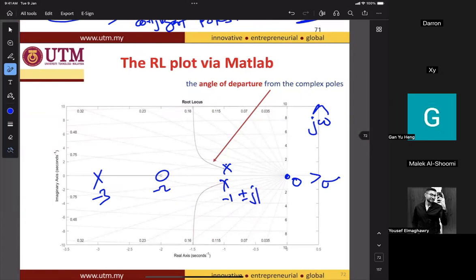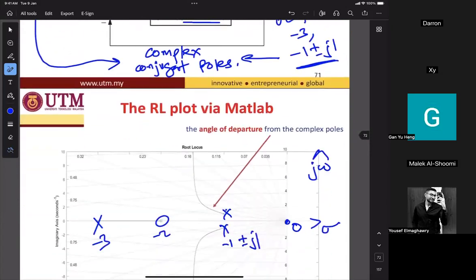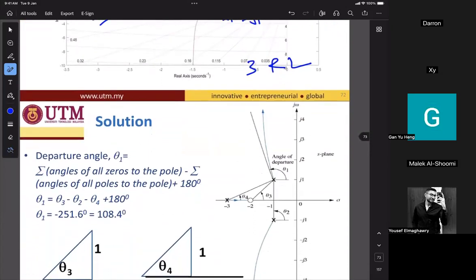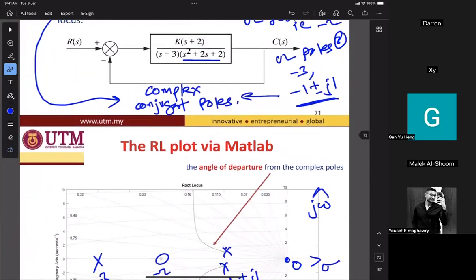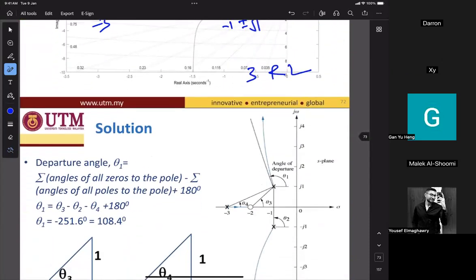We have 3 root loci because the open loop has 3 poles. Now we have to calculate the angle of departure. We note here theta 1. Theta 2 is the twin brother of theta 1. Theta 3 is due to the zero at -2, and theta 4 is due to the pole at -3.